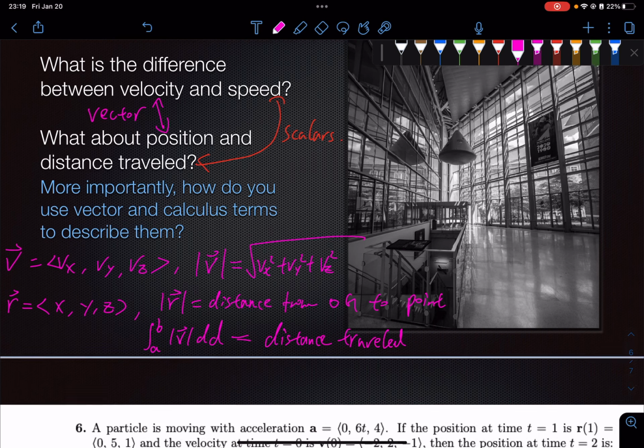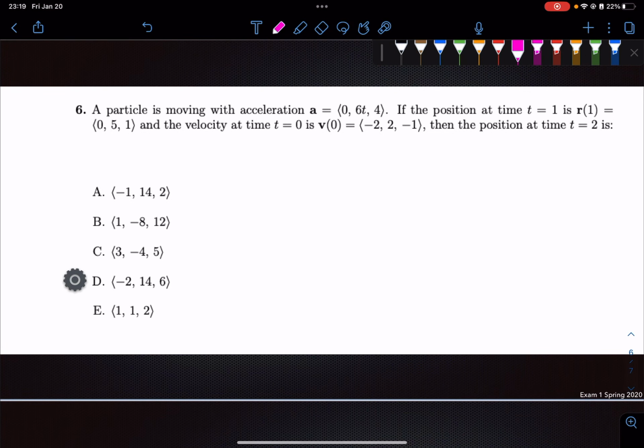Now let's take a look at the first question. A particle is moving at the acceleration of this, and the position at time t equals 1 is such, and the velocity at time equals 0 is as such.